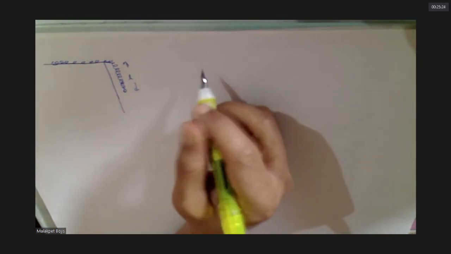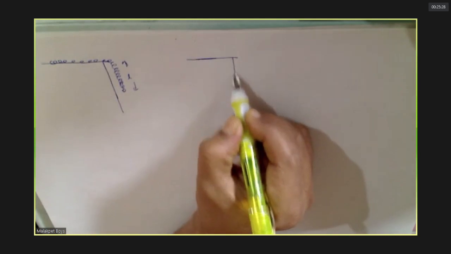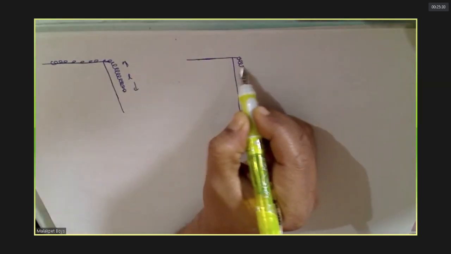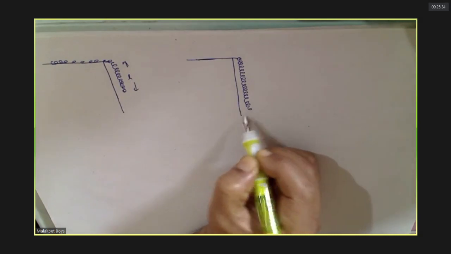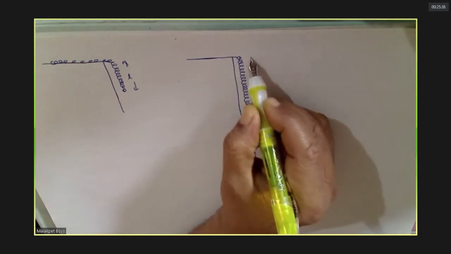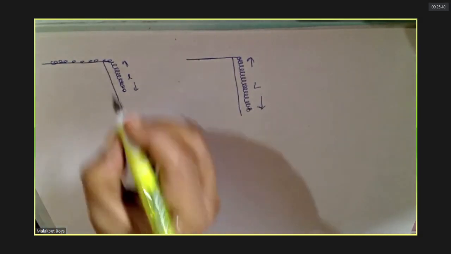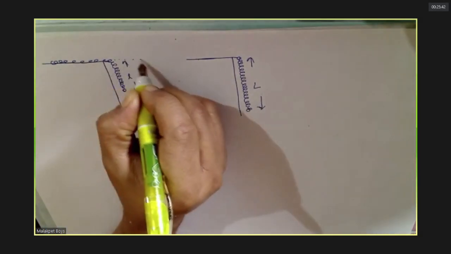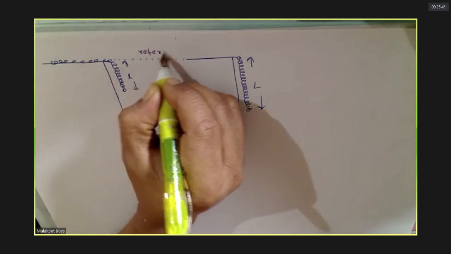Total chain length is capital L. Now the same chain falls like this. This is the initial position, and this is the final position. Now we will take this as the reference level.